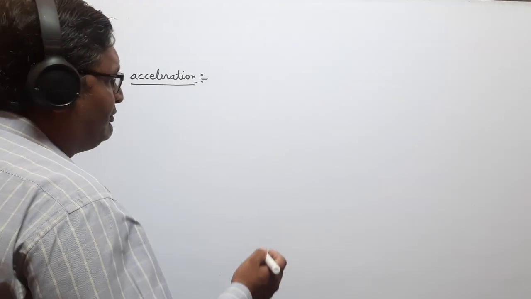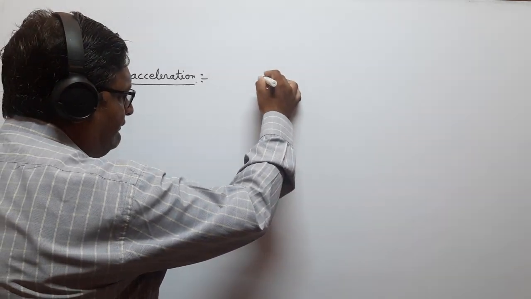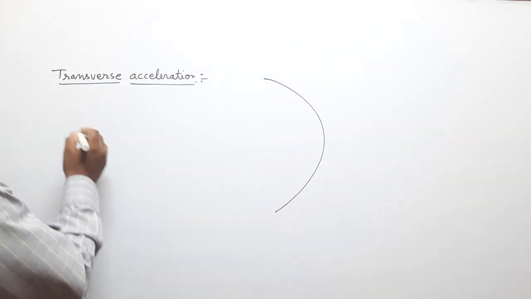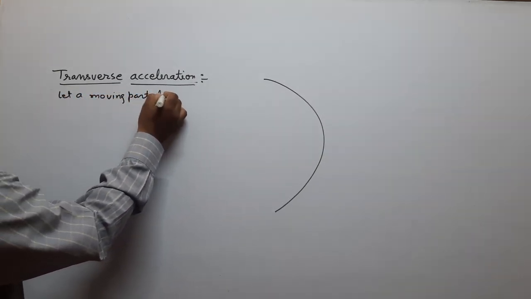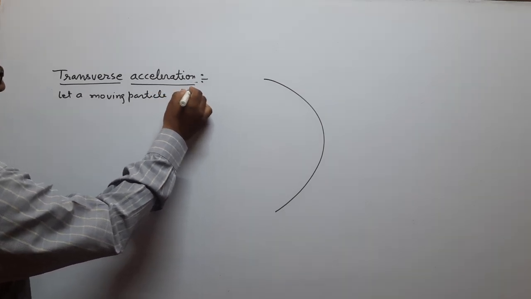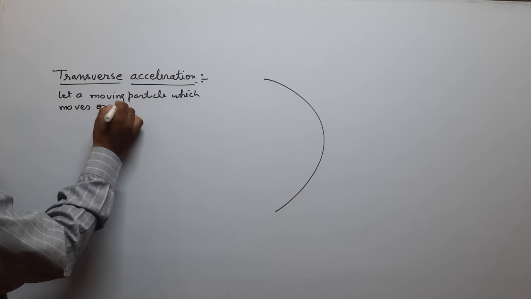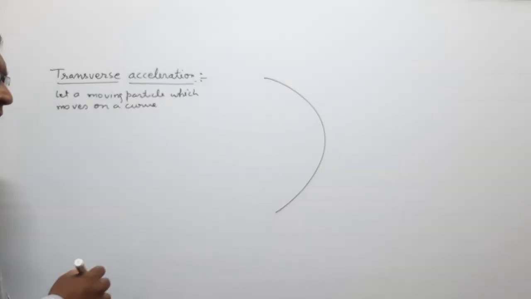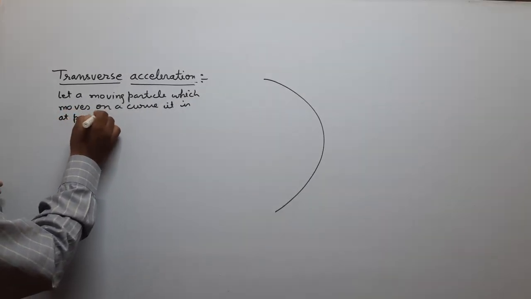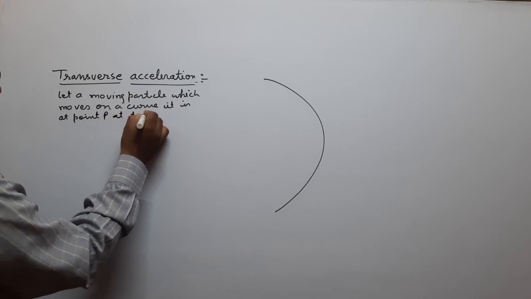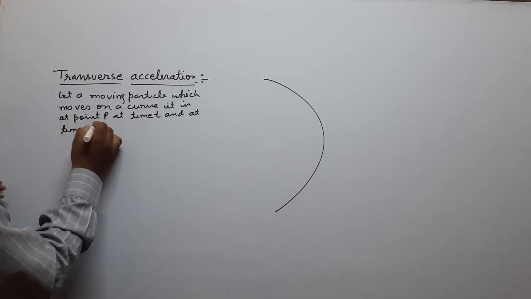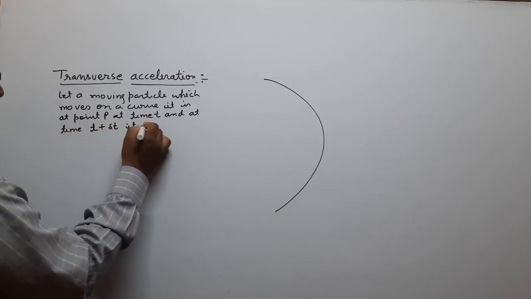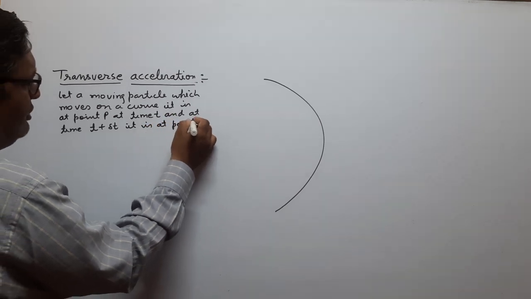So first we suppose that there is a moving particle which moves on a curve, and it is at point P at time t, and at time t plus del t it is at point Q.